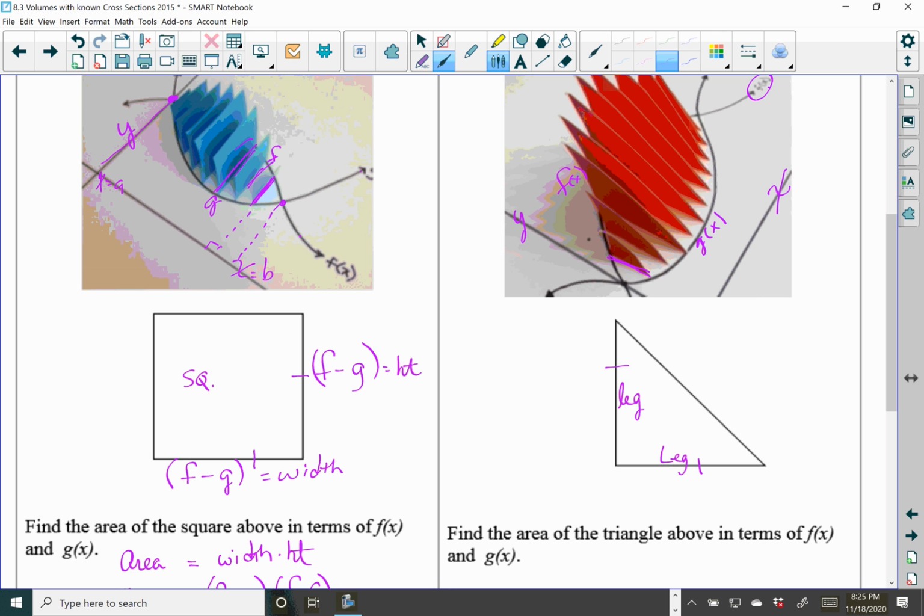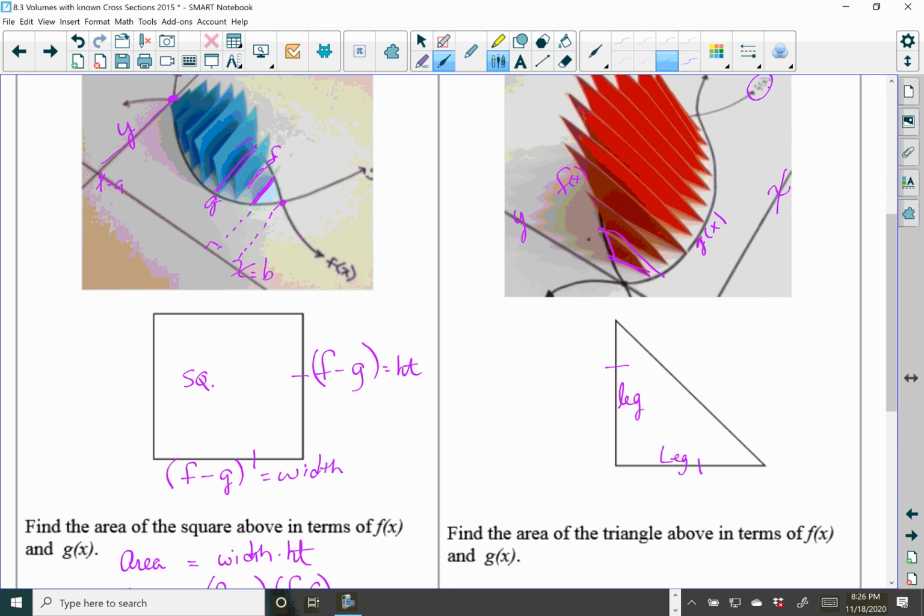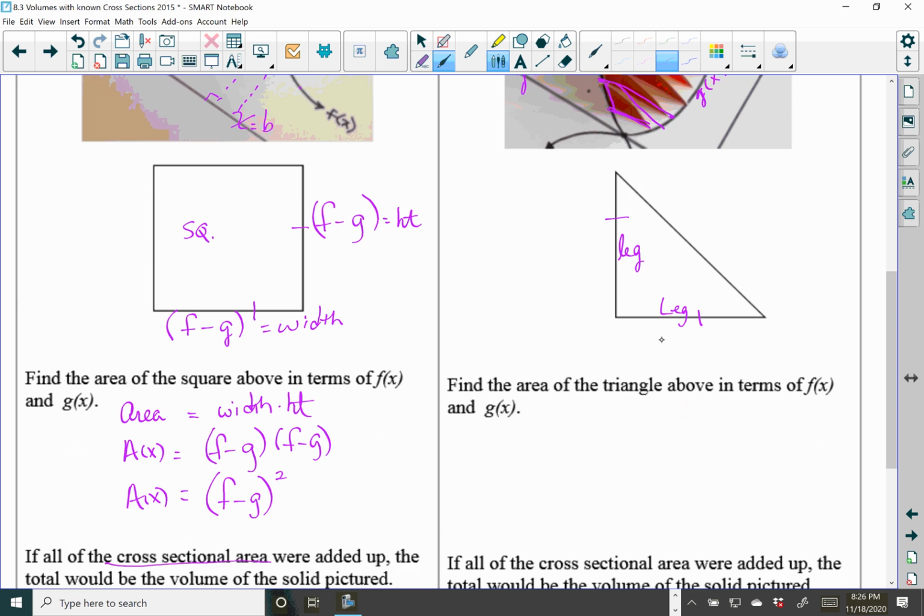Now, what I need to do is come up with the area of one of those triangles. So, what is the distance from top of the base to bottom of the base? It's running perpendicular to the x-axis. Well, that distance is going to be top minus bottom. Let's put f of x minus g of x.